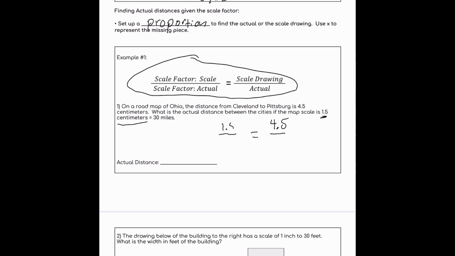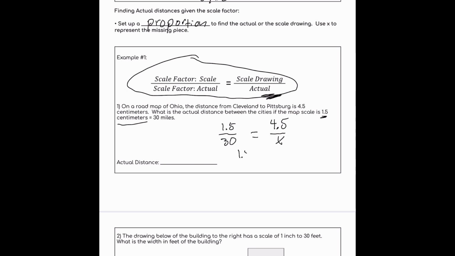I'm going to place that up top. And the scale factor actual is 30 miles. The missing piece, we put in X. It says, what is the actual distance between the cities? So we are finding the actual. So I'm going to cross multiply and divide.